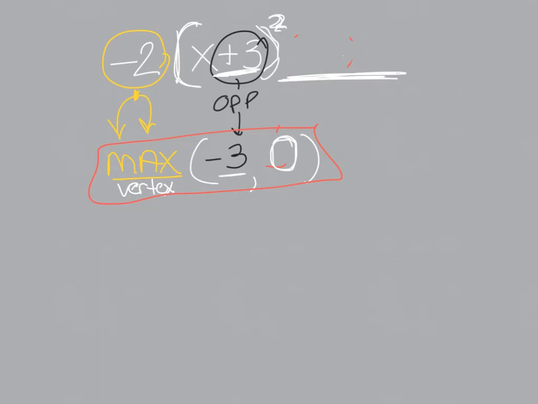All right, so if I have, let's just say I have y equals x squared. Okay? It's understood that the leading coefficient there is 1. That's positive, so it's going to be going up, right? And it doesn't have any parentheses or anything, so the vertex is going to be at the origin.